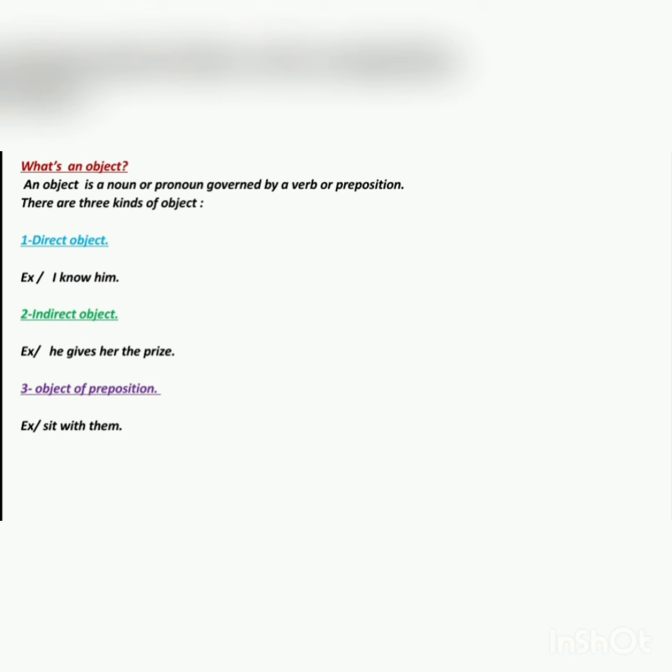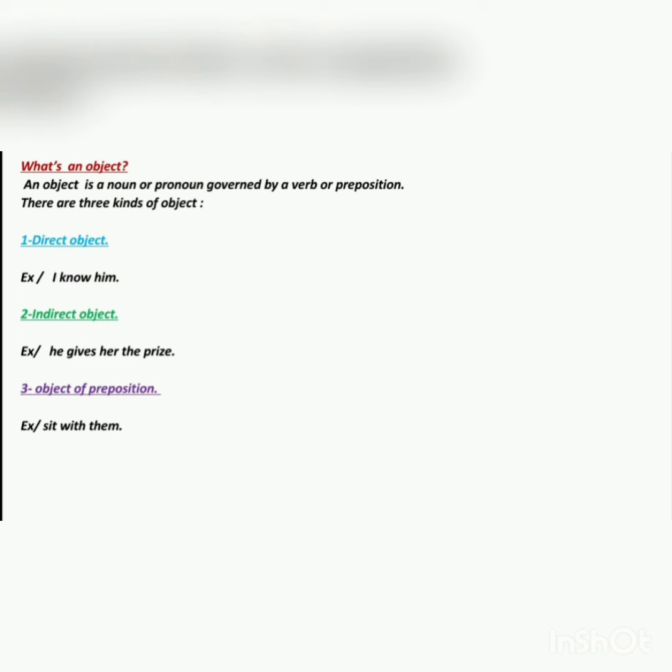Okay, and finally we have the object of a preposition. For example, sit with them. Sit with them. This is an imperative sentence, and this is why we don't have a subject. Sit with them.